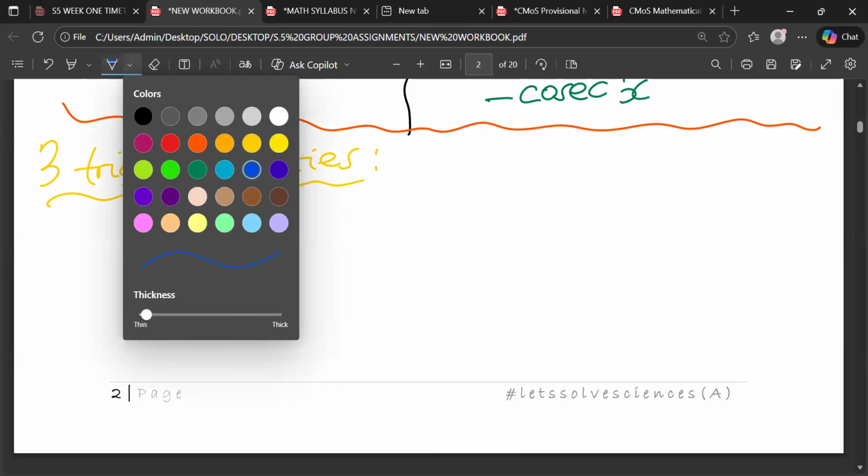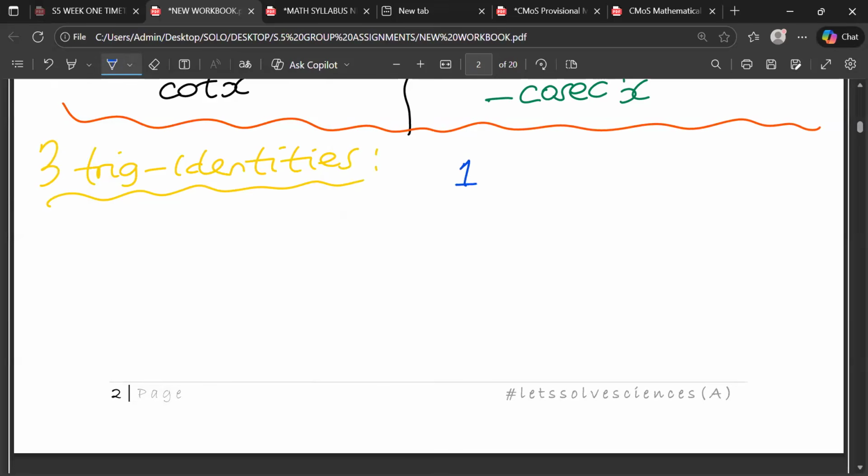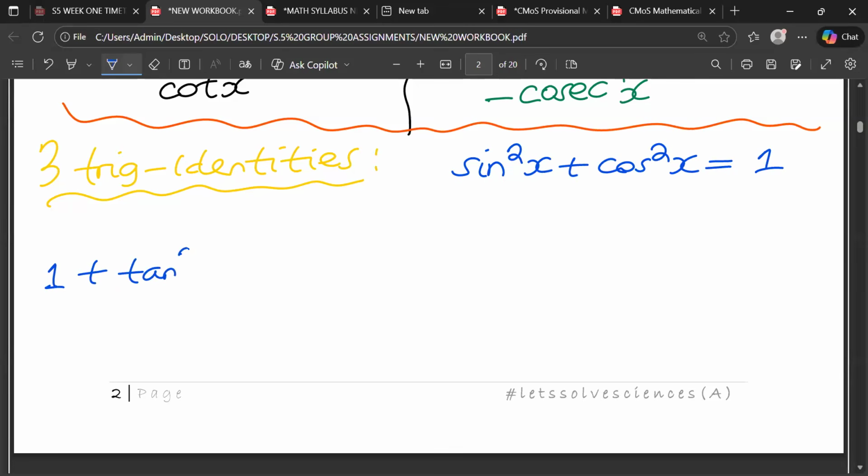So I want you to recall that the first one was sine squared x plus cos squared x equals 1. That was the first trig identity. The second one was 1 plus tan squared x equals sec squared x.